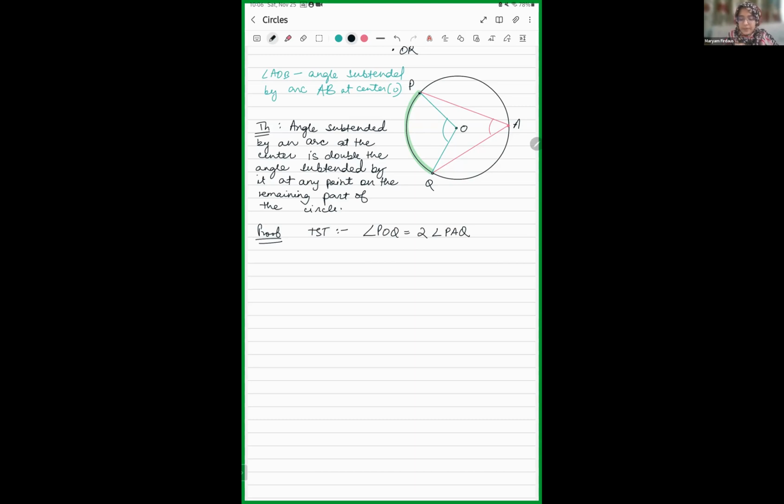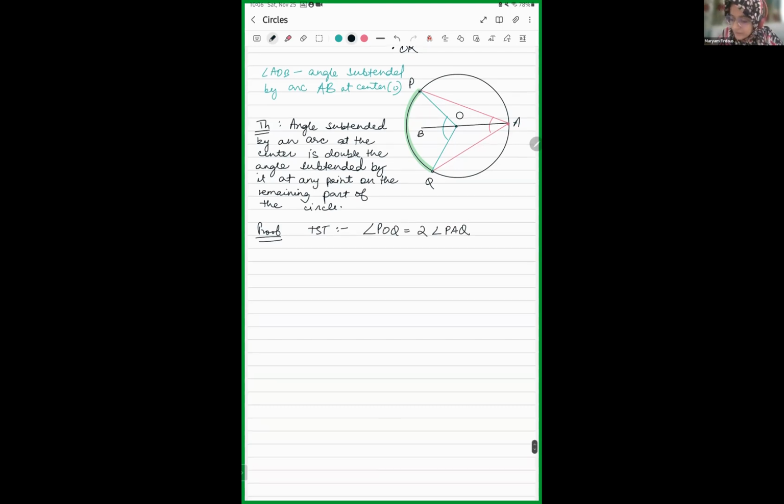So we have to do a construction over here, and that construction is we have to join A and O and extend it to another point B. Any point it can be. Okay. So this is a construction. I'm just going to write it.